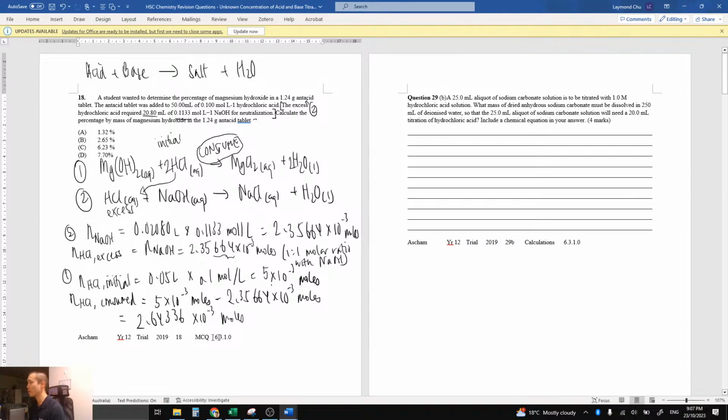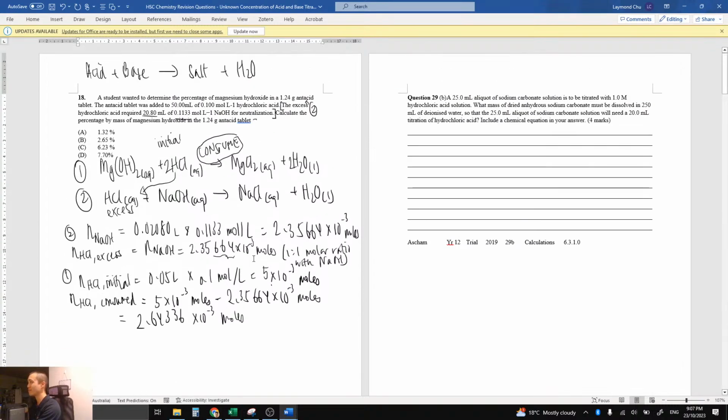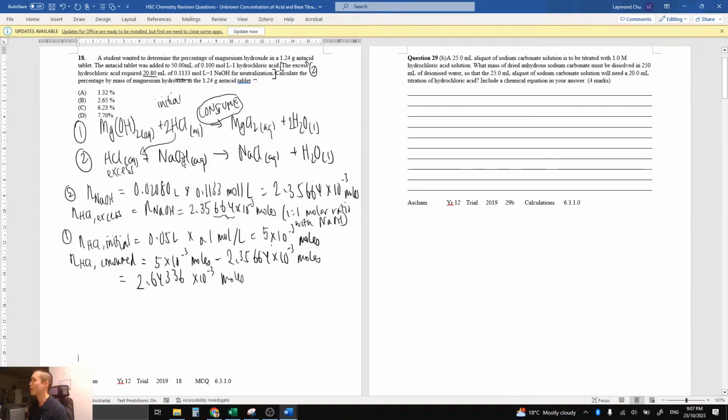Okay, so we've got our moles of HCl consumed. What do we need to find next? We need to find ultimately the moles of magnesium hydroxide so we can find the mass. So how do we convert the moles of HCl that was reacted in this reaction to the moles of Mg(OH)2? We need to look at the molar ratio. How I like to look at this is very simple. I like to put it as a fraction.